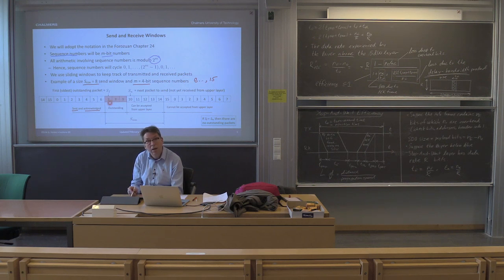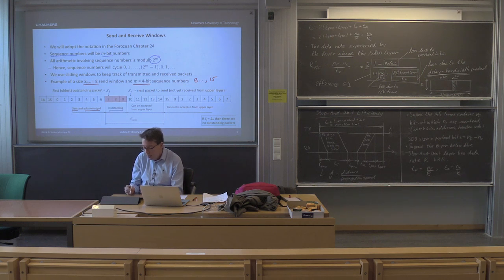These are still in transmission. They have been transmitted, but have not yet been acknowledged. So the transmitter does not know the fate of these packets. These are the outstanding packets.